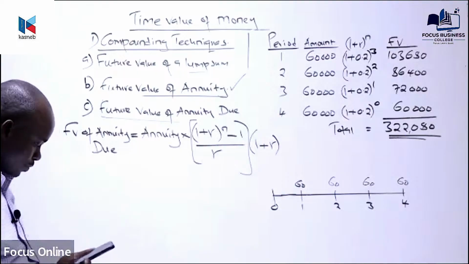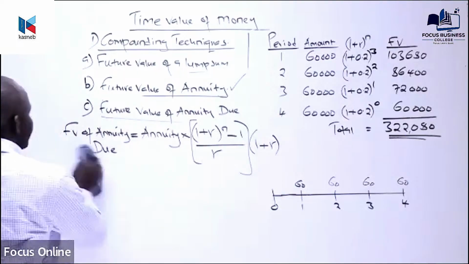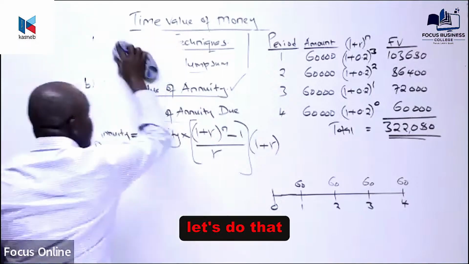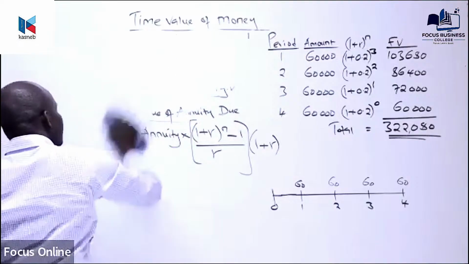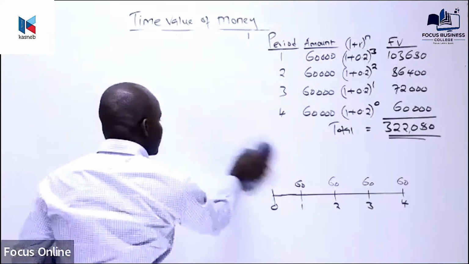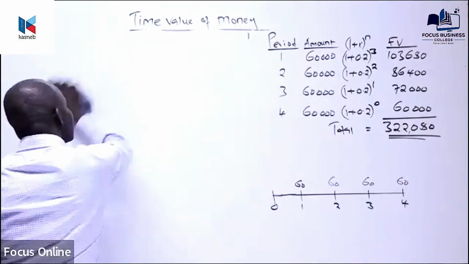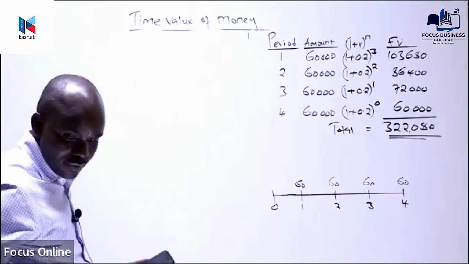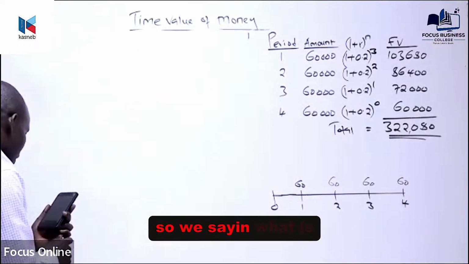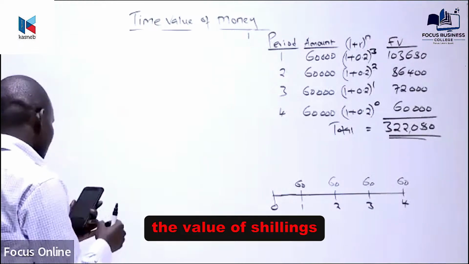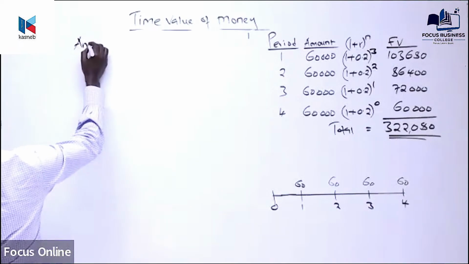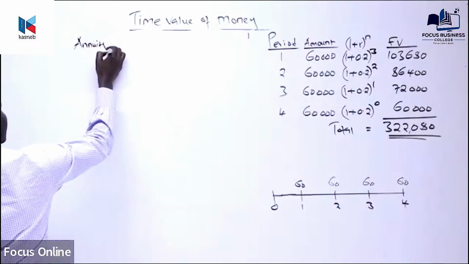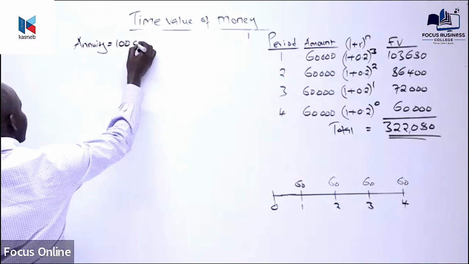So let's do that. So we're saying, what is the value of shillings 100,000? So annuity, the annuity is 100,000.